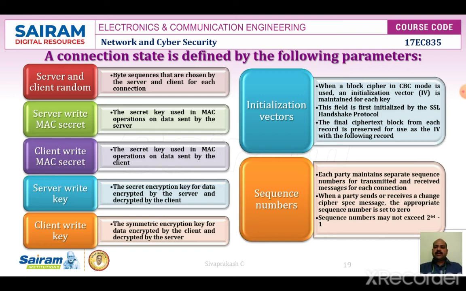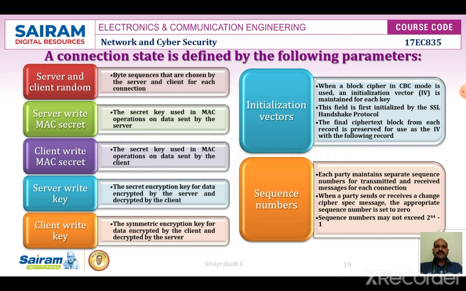The fifth one, client write key. The client write key is a symmetric encryption key for data encrypted by the client and decrypted by the server. So the server write key and client write key are vice versa.